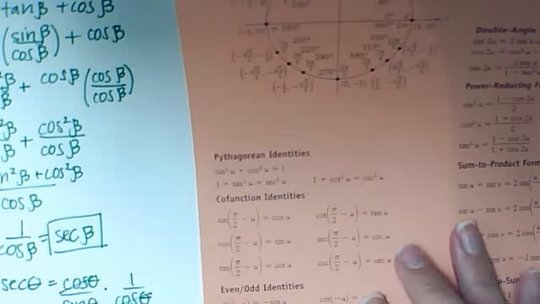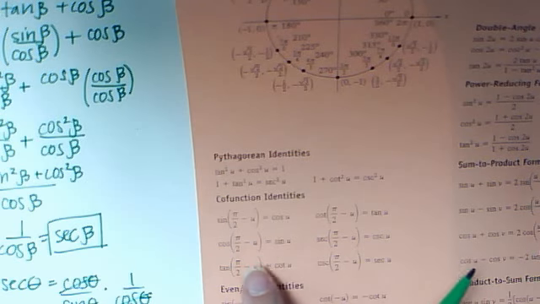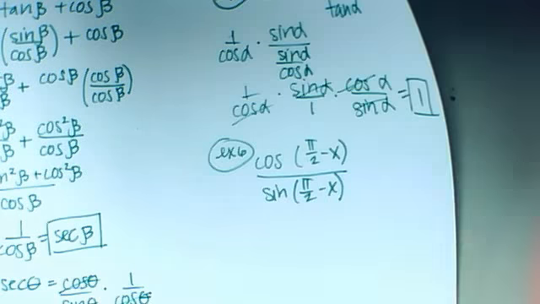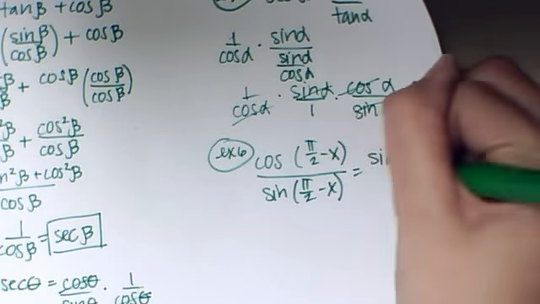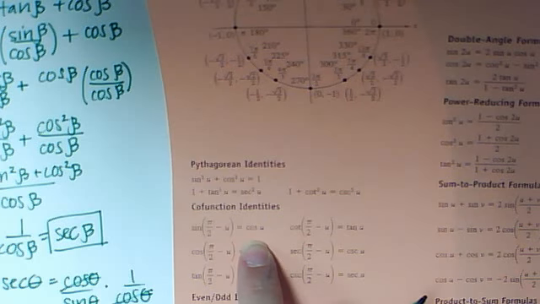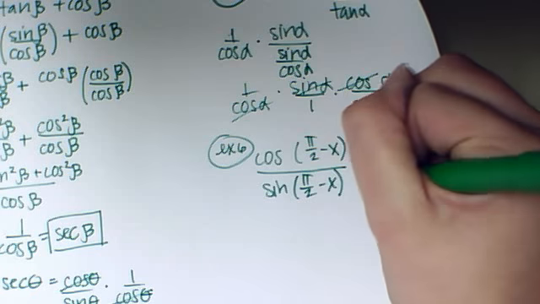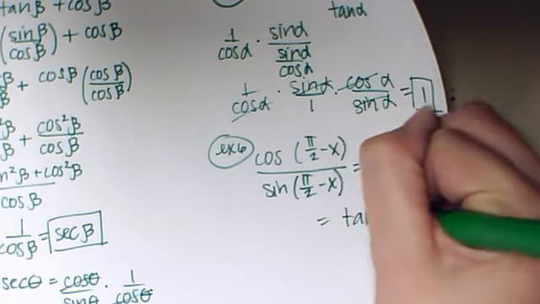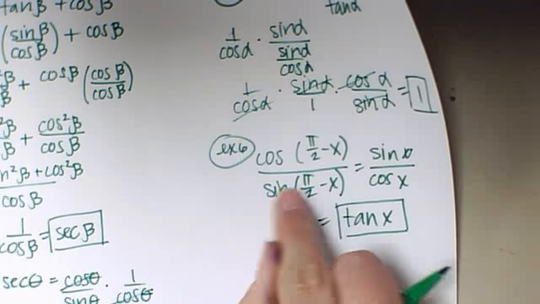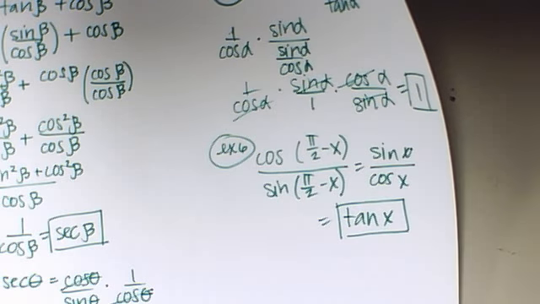If I look at my cofunction identities, cosine of pi over 2 minus u is sine of u, so I can replace that. And I guess we should probably stick to x here. If I look at sine of pi over 2 minus u, I get cosine of u, or cosine of x. And I know that sine over cosine is tangent of x. So this thing that started out fairly complicated is now just the tangent of x.